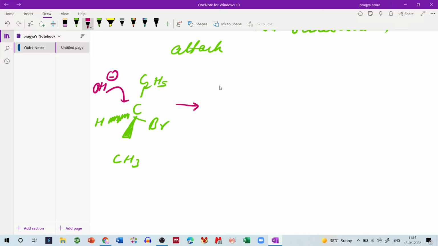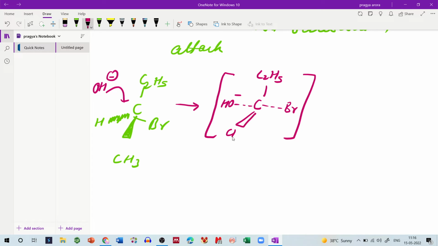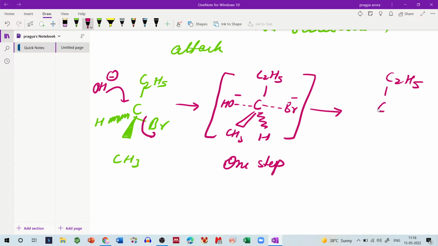So there is formation of one transition state in between, where both the leaving group and the nucleophile are present simultaneously in the molecule, where the OH is attacking and the bromide is leaving. Both are happening in one transition state, a one-step process. There is simultaneous attack and simultaneous removal, and you are left with an inversion in the symmetry.